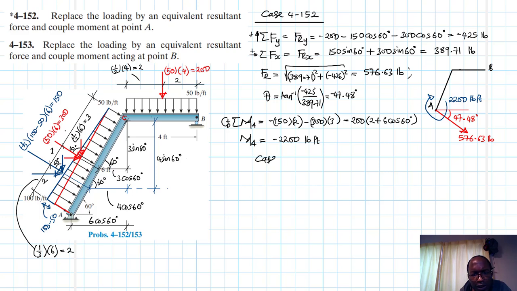So we have case 4-153. Now let's find the moment about point B. So we have the summation of moments about point B, with clockwise being our reference.